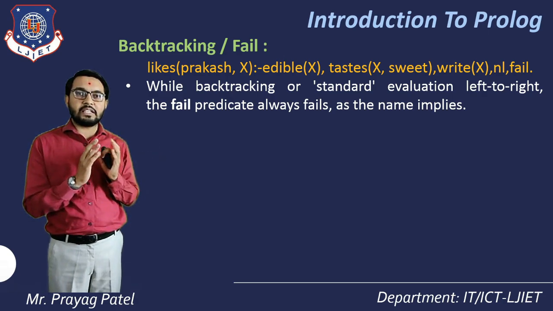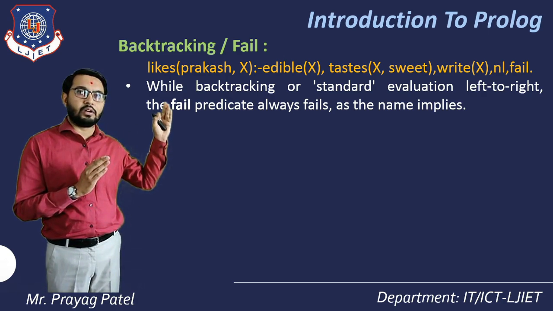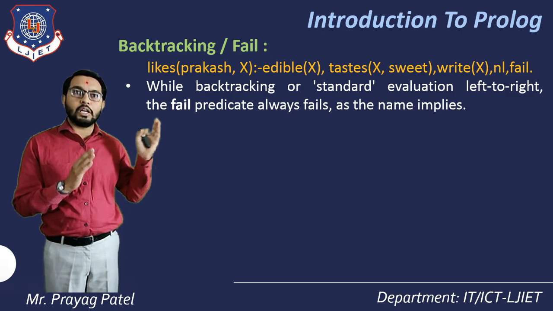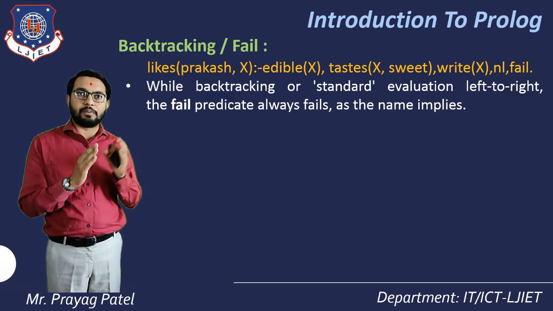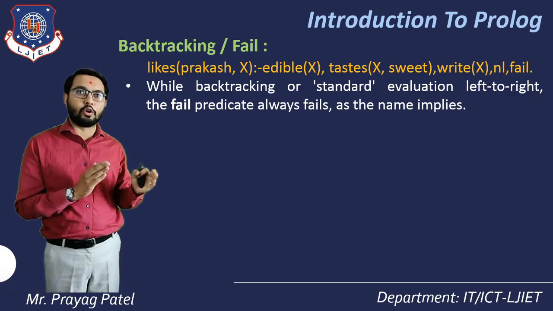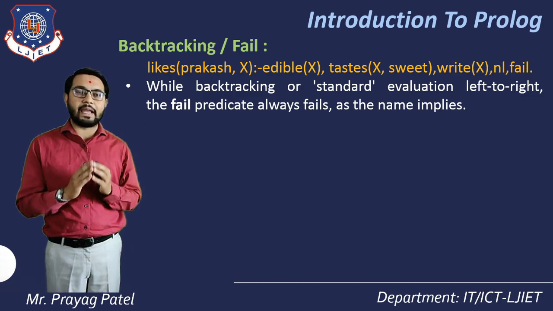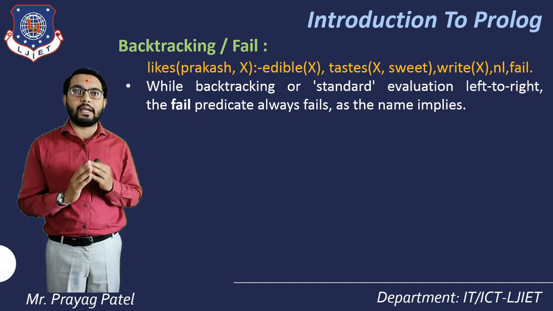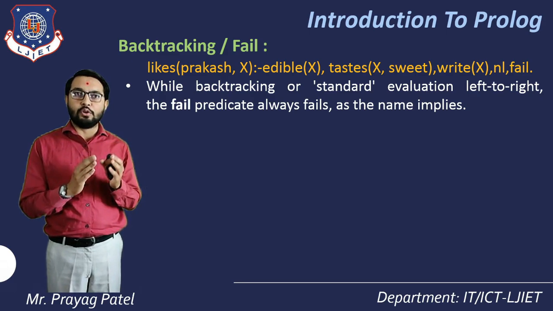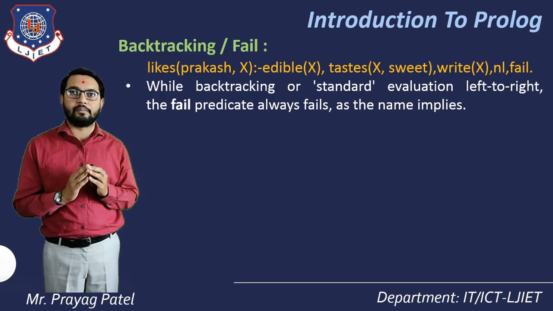So we changed something in the first rule. The first change is write X, because we want to write the result. Next is NL, used for the new line. And the last one is fail.